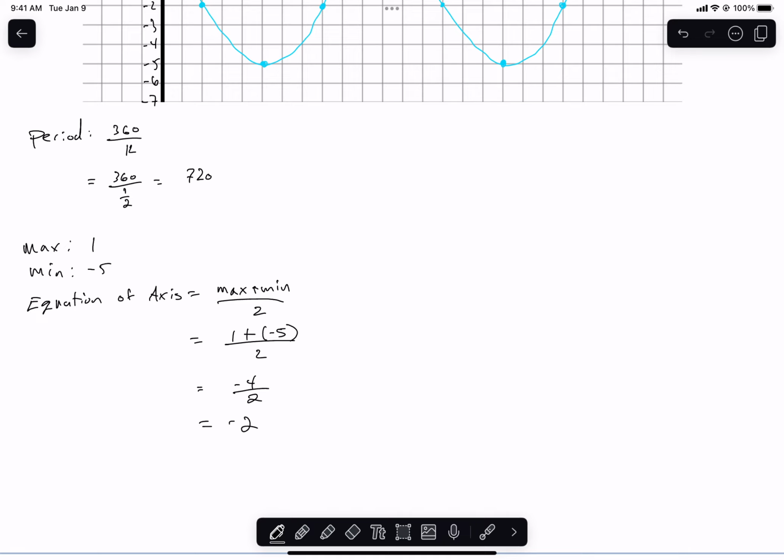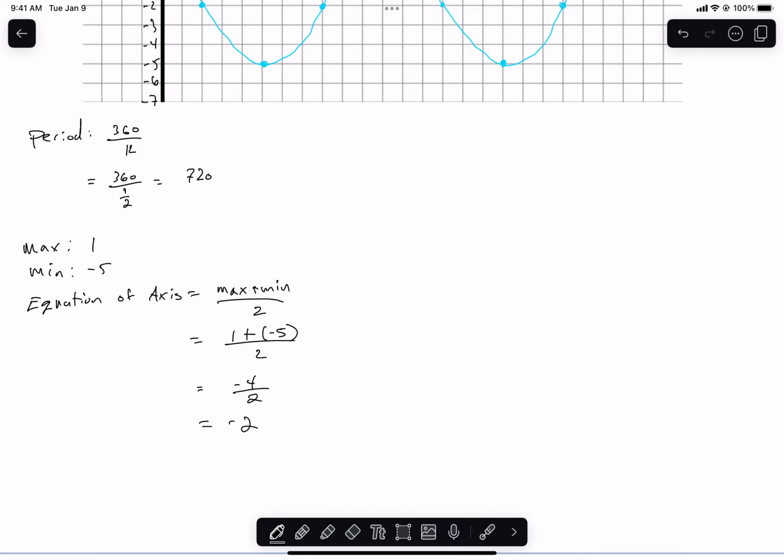Where do I see -2 on my page or in the equation? On. Vertical translation. It's the translation up and down.